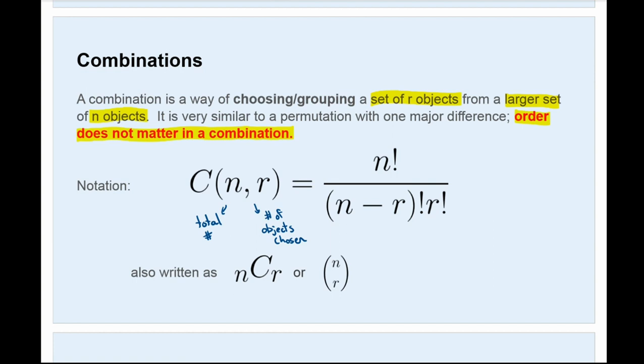Combinations can also be written as nCr or in a matrix-like form with n over r. It's not a fraction, so please be careful of that, but these are different ways that we could represent it. Again, n is telling us the total number of objects, and r is telling us how many objects we are choosing.